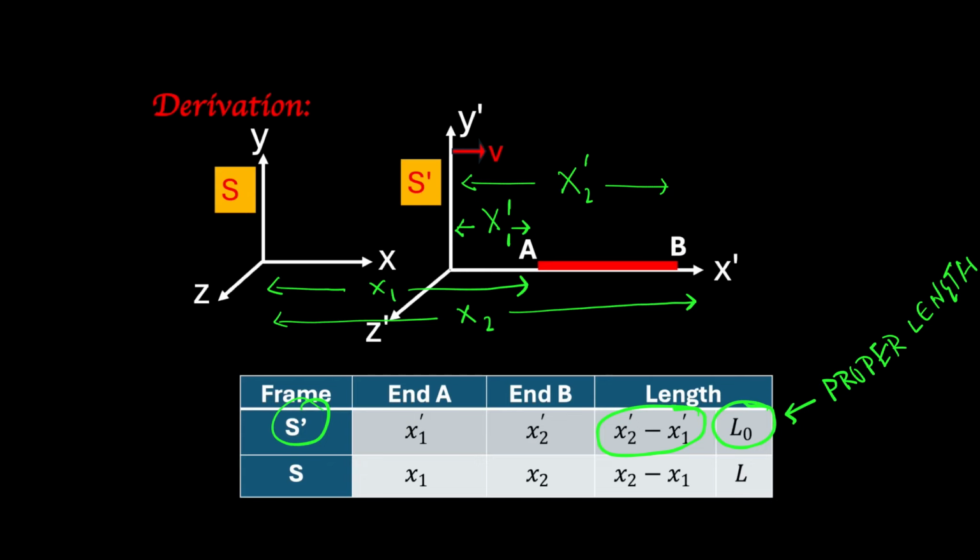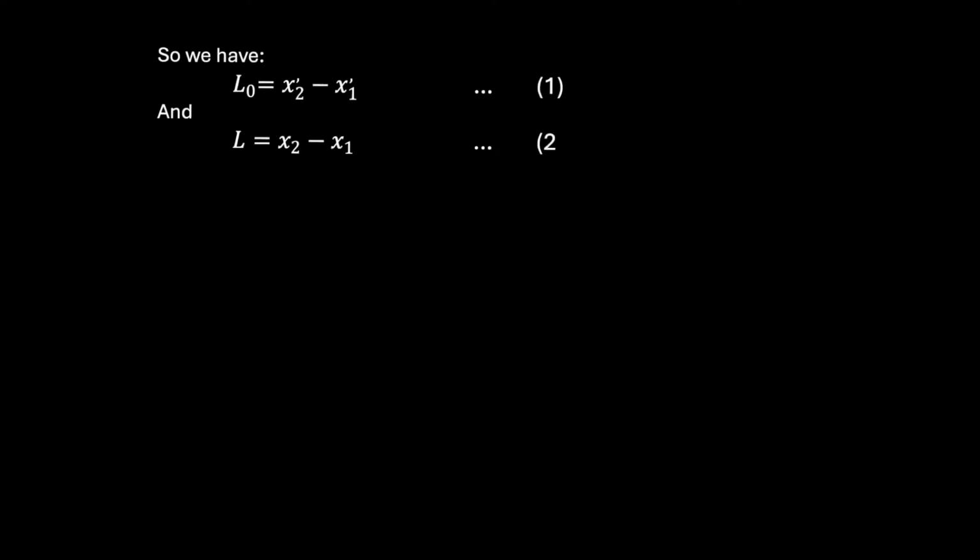Conversely, the length of the bar as measured by an observer in the S frame, to which the bar is moving, would be L equals x2 minus x1. So we have L0 equals x2' minus x1' and L equals x2 minus x1.